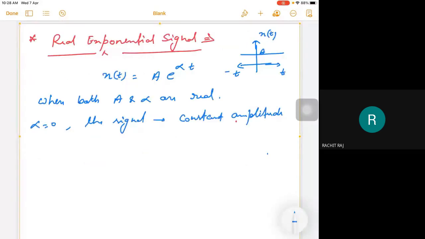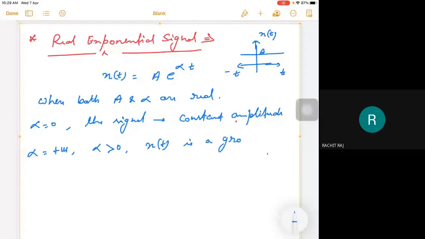Now, if alpha is positive, in this case alpha greater than 0, x(t) will be a growing exponential signal.